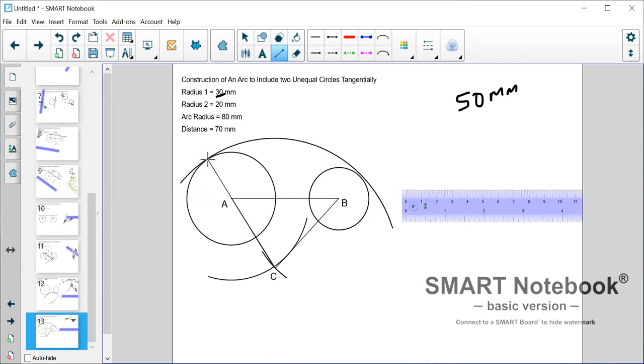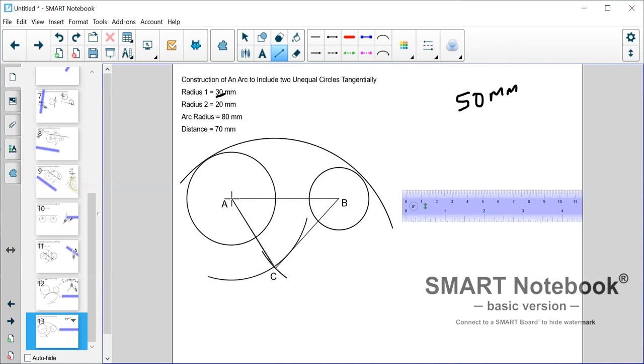However, in order to find the center, we need to subtract the radius itself from that 80, and that gives us 50 from A and 60 from B. Now when that additional radius from B to this point, which is 20, is added, 60 plus 20 gives you back the 80.